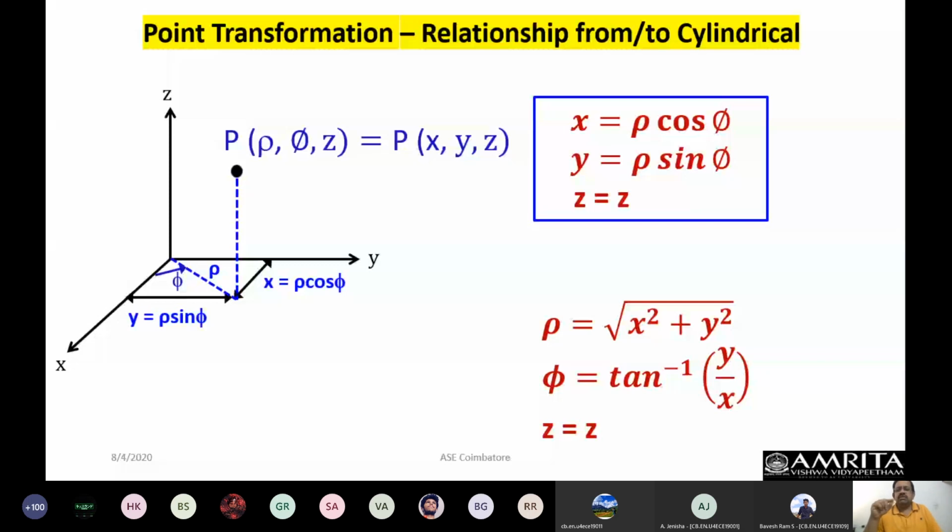We'll come to that when we talk about the field, but I am just giving you a reason why we talk about it here. And there is also the phi value. The phi can take values all the way from 0 to 360. That is very clear, evident. What about radius? If the charge is extending to infinity, rho also can go to infinity. So it can go from minus infinity to plus infinity.